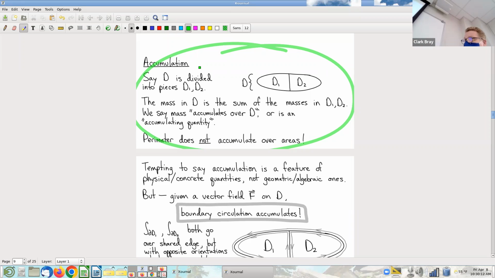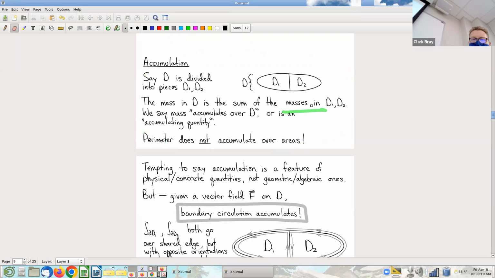And so for some things like mass, yeah, mass, the whole is the sum of the parts. But for other things like perimeter, the perimeter of the whole is not the same as the sum of the perimeters of the parts. It just doesn't work, right? So there's this very specific property that some quantities have, some quantities don't.